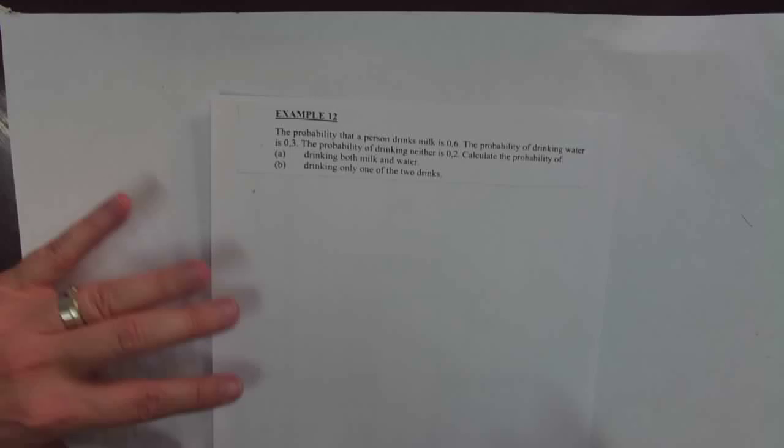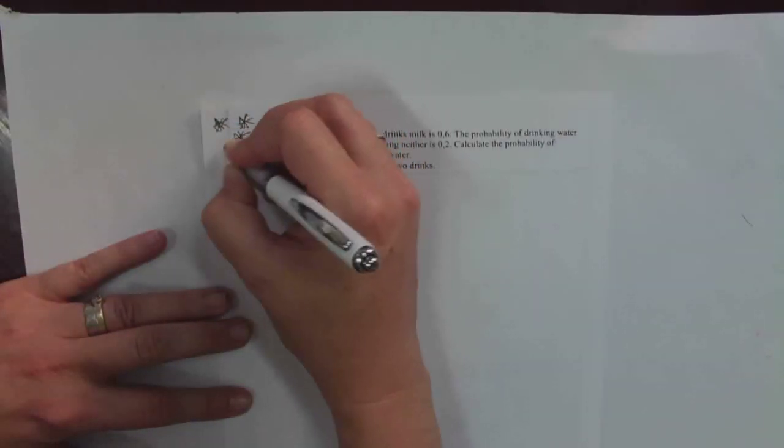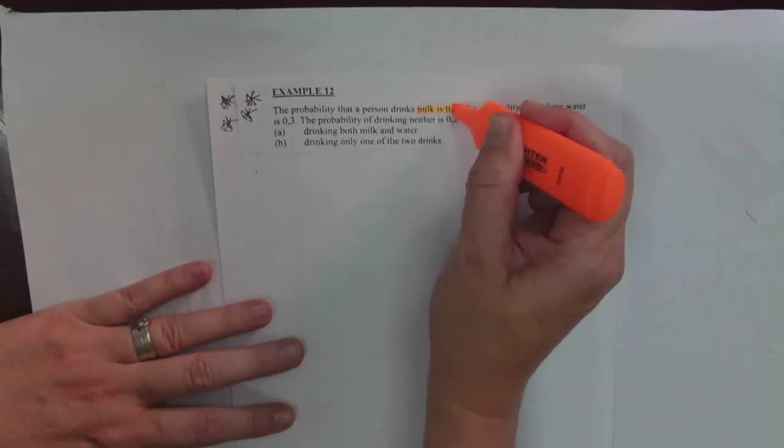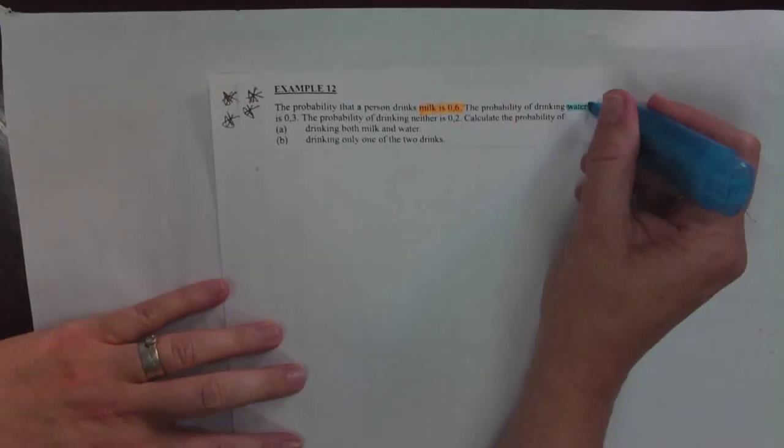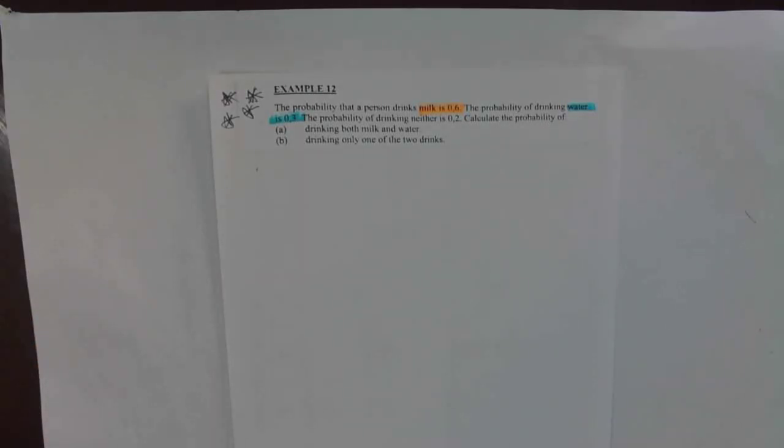Now the following one, I want to mark with 10 stars if I can. This is typical grade 11. Why? Because we are going to add an unknown. So let's see. The probability that a person drinks milk. So milk is my first event. The probability of the person drinking water is my second event.